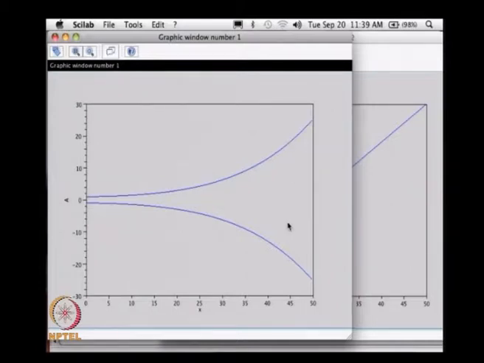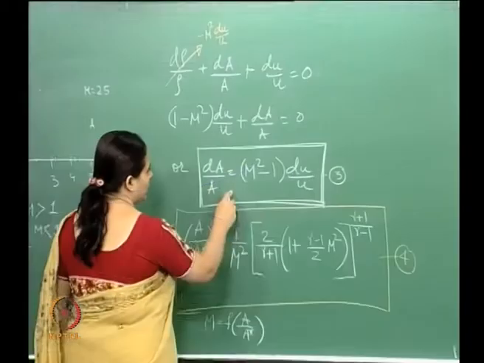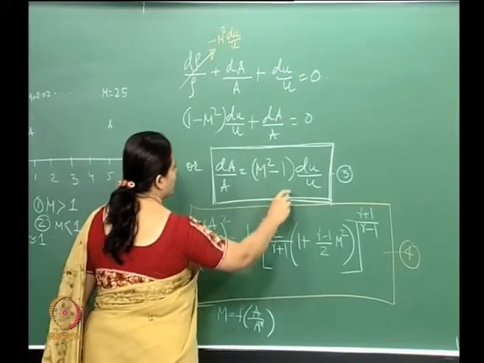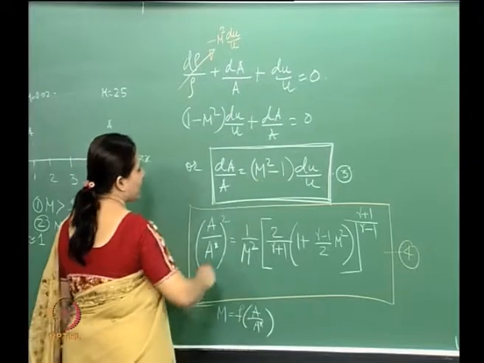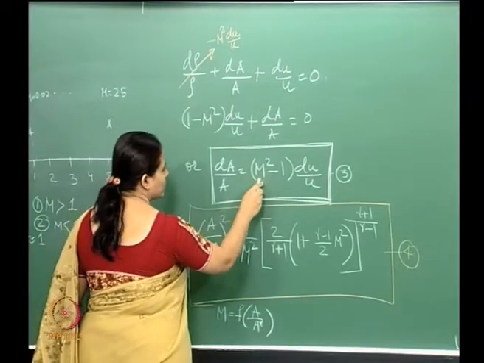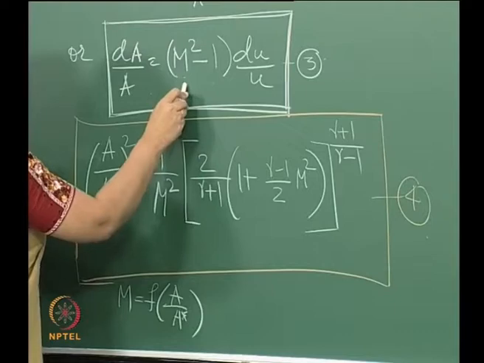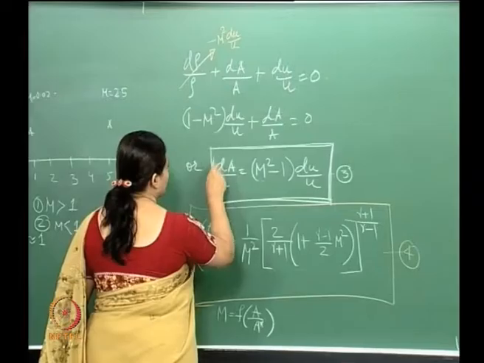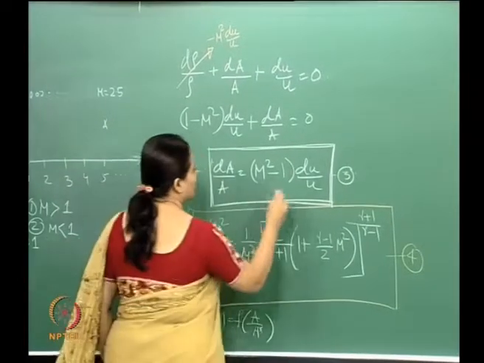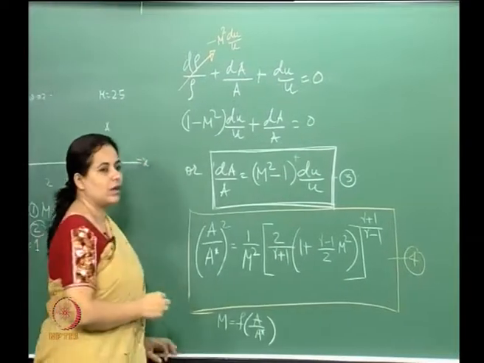Let us go back to this equation over here. Just look at this. If the Mach number is positive, that is, if this is supersonic and therefore this is positive, then for a positive change in the area, there is a corresponding positive change in the velocity.